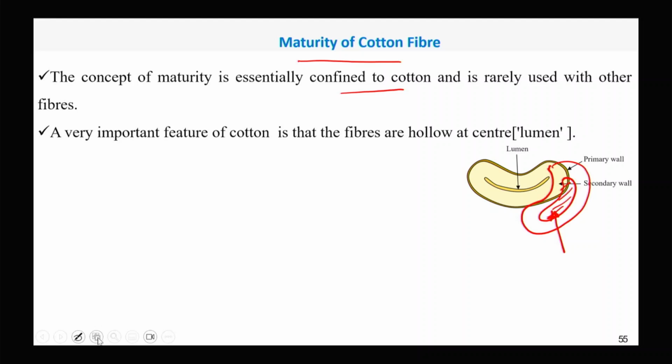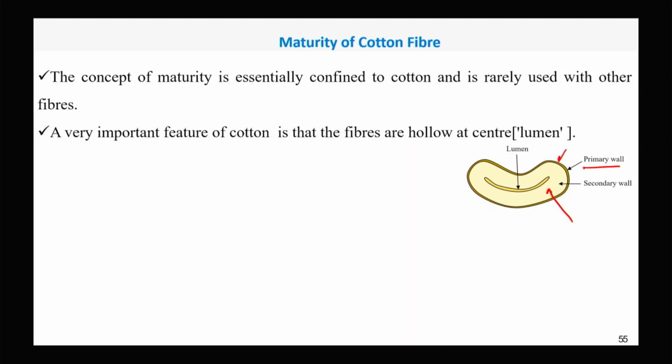While the cotton is growing, there will be the primary layer, primary wall, secondary wall, and the lumen.